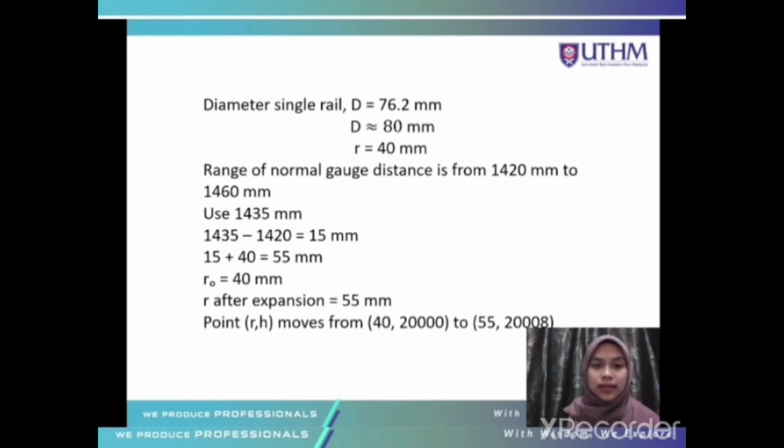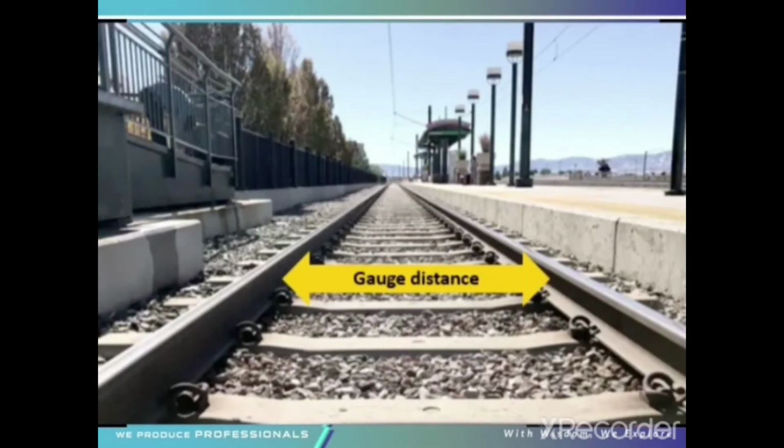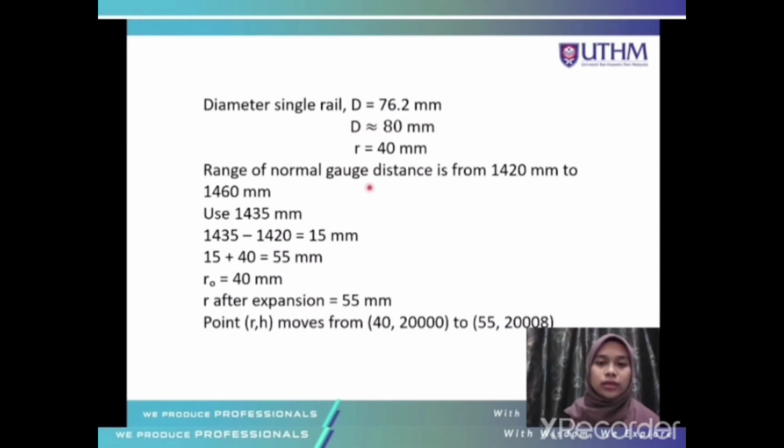To get the radius after the expansion, we consider the distance of the gauge. This is the distance of the gauge, and the range of normal gauge distance is from 1,420 mm to 1,460 mm. And mostly, the construction of a railway track uses the distance of 1,435 mm.